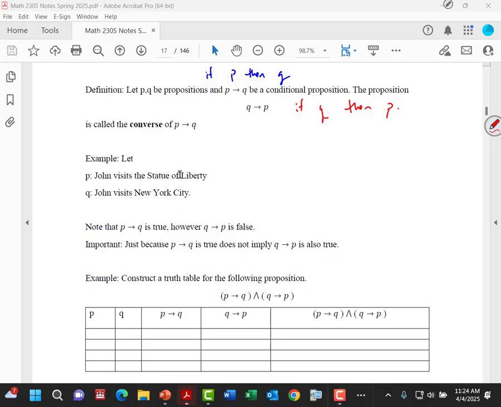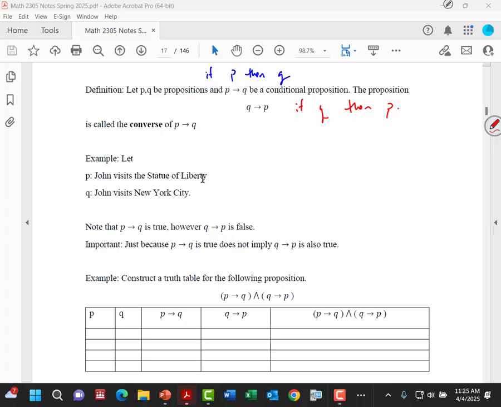Simply meaning, if he's at the Statue of Liberty, then he's also in New York City. However, Q implies P, or the converse, is false.